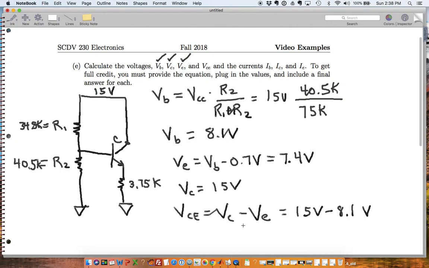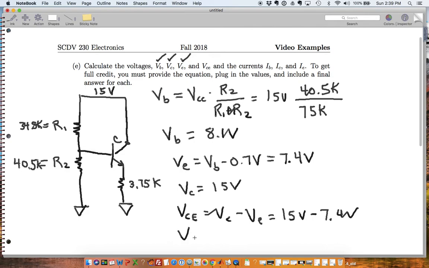No, sorry about that. My VCE is equal to VC minus VE, which is equal to 15 volts minus 7.4 volts. And so then VCE is equal to 7.6 volts. So I got that one.